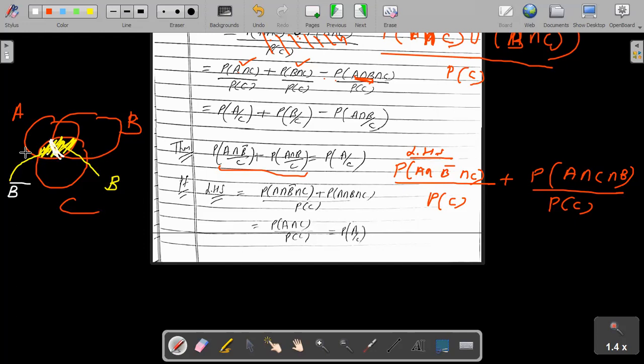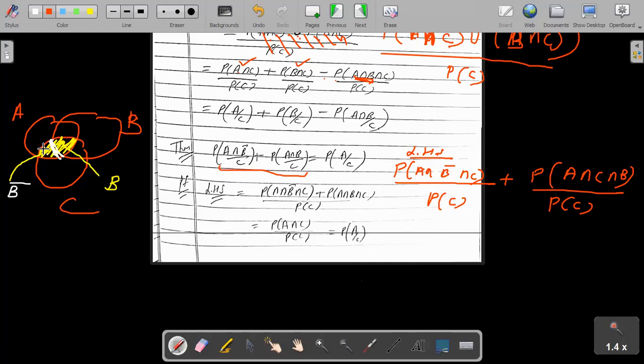One portion is in B, one portion is in B bar, so obviously the probabilities add. So this can be written as probability of A intersection C. I should not write it this way, so we can write directly. You are adding the probabilities of the portion of A intersection C that is in B and the portion that is in B bar.